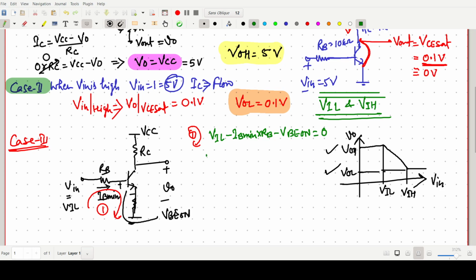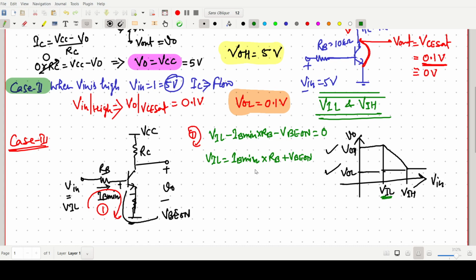So it will give the value of VIL equals to IB minimum into RB plus VBE on. Because for this input low voltage, the transistor is just on and some amount of current will flow.